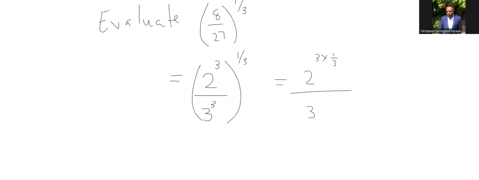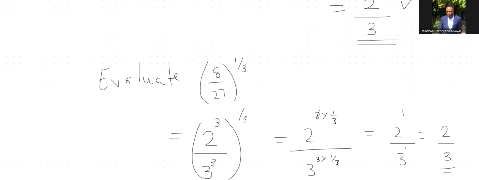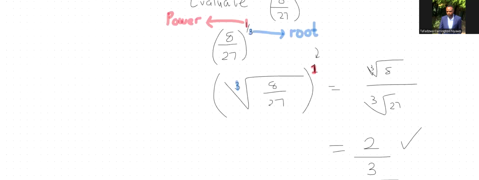The powers cancel out, and I'm left with 2 to the power of 1 over 3 to the power of 1, which is just 2 over 3. I got the same answer that I got when I used the power and root method.